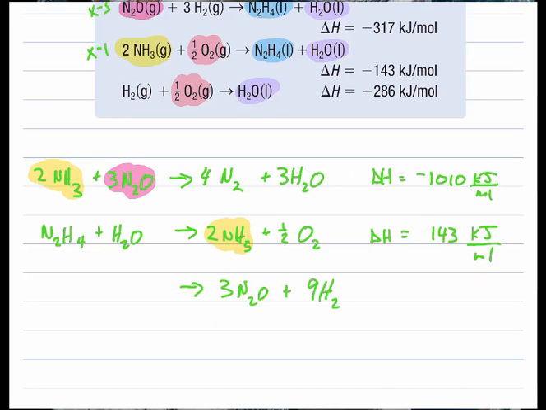On this side of the equation, we're going to have 3 H2Os and 3 N2H4s, and we have to multiply our 317 by 3, so 317 times 3 gives us 951, and the sign changes, so delta H is equal to positive 951 kilojoules per mole.